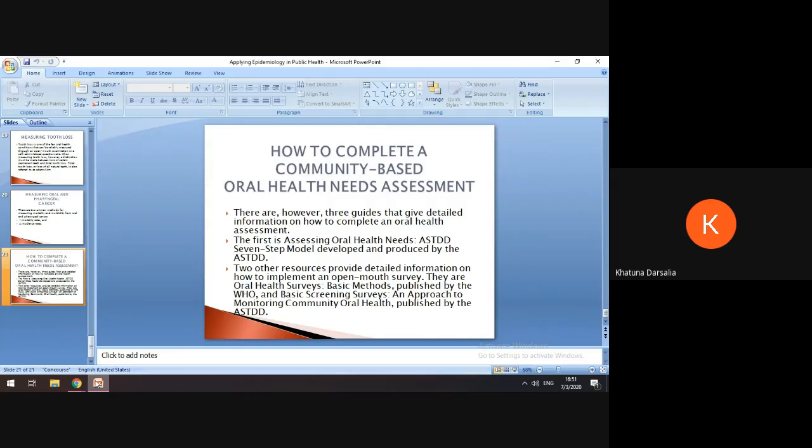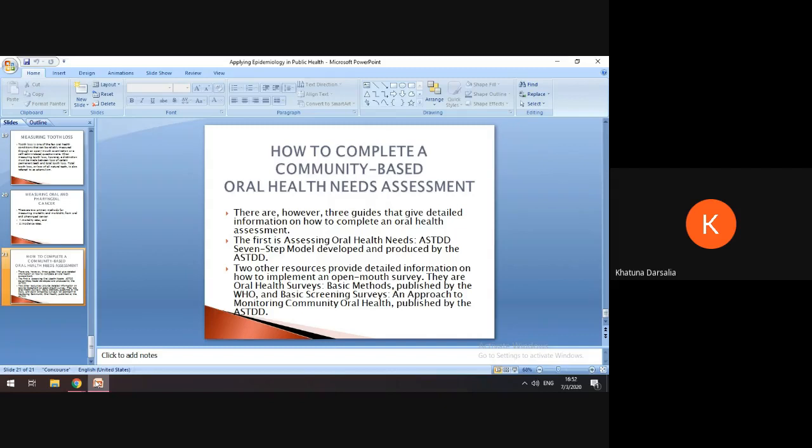It was produced by ASTDD, and these seven steps were described in our earlier lectures. It gives detailed information on how to conduct a comprehensive needs assessment, ranging from the evaluation of existing data to the collection of new data.